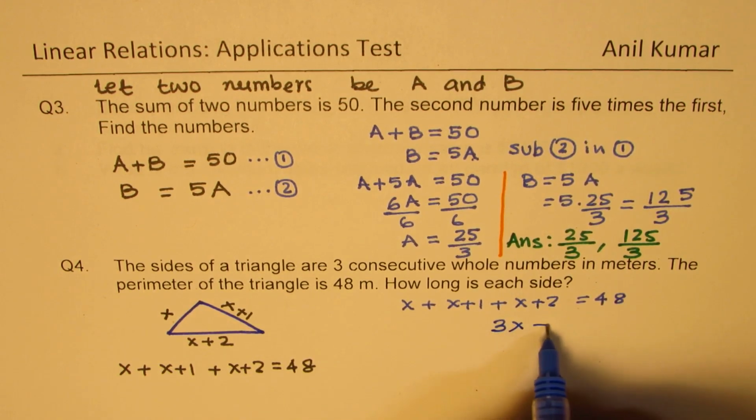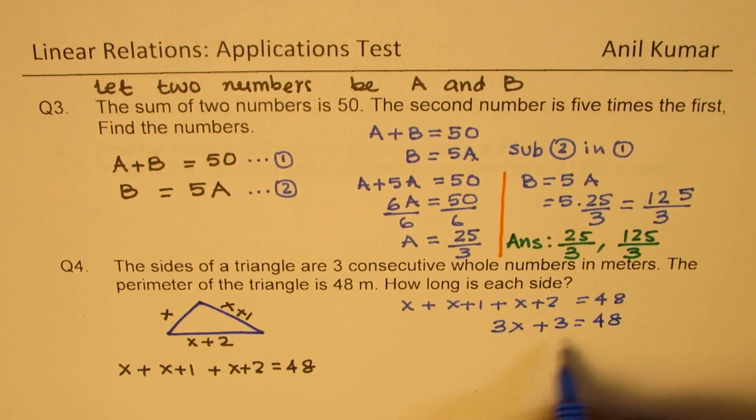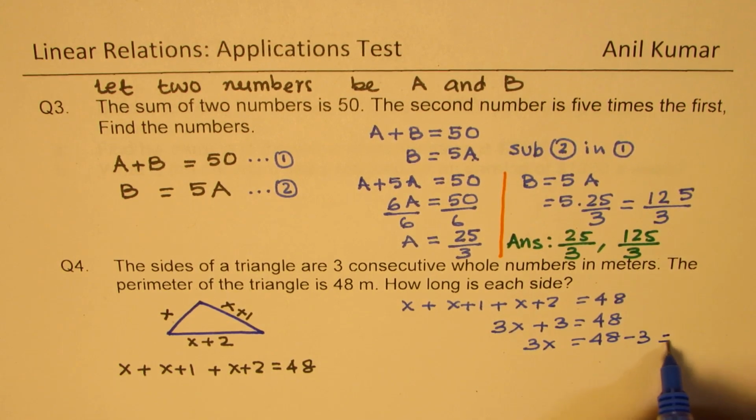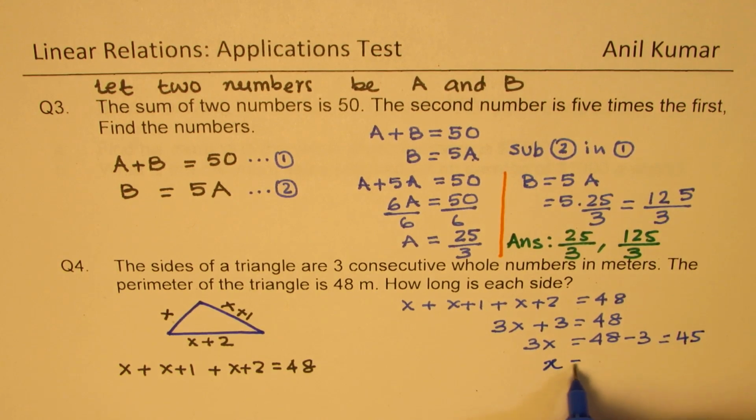So 3x plus the number 1 plus 2 is 3, so we get 48. To solve this, we have 3x equals 48 minus 3. And this 48 minus 3 is 45, correct? Now we can divide by 3 to get the answer. 45 divided by 3 is 9.